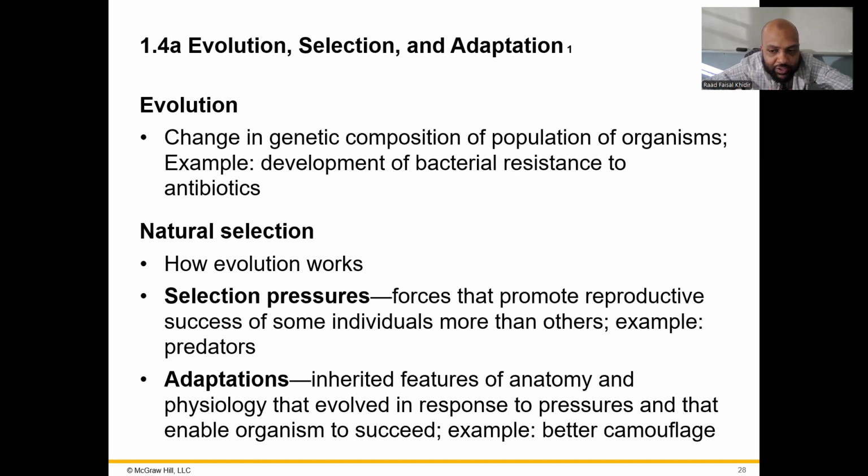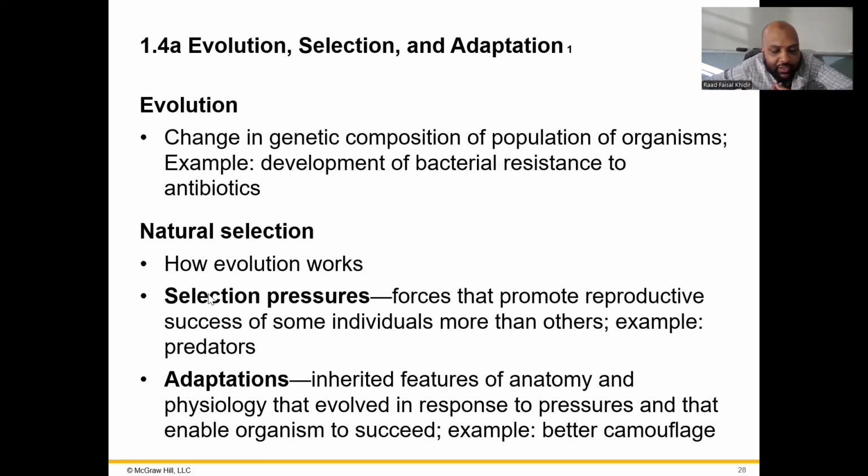So predators who are more fit, who are really strong, are able to survive and hunt the prey better than other predators. They will survive. The other predators are gone. Okay, adaptations.